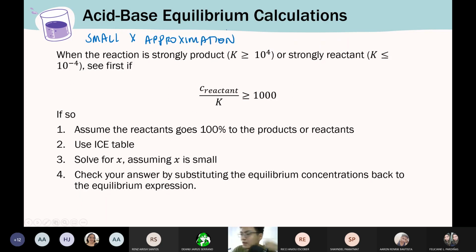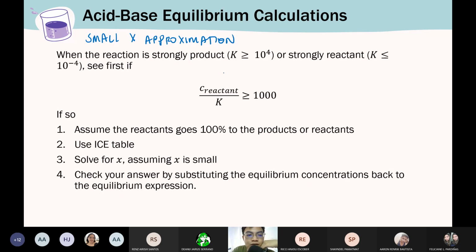Okay. So this technique is used so that we don't need to make an ice table anymore. Actually, kahit di ka na gumamit ng ice table. Okay? So, when can you use this technique, the small x approximation?